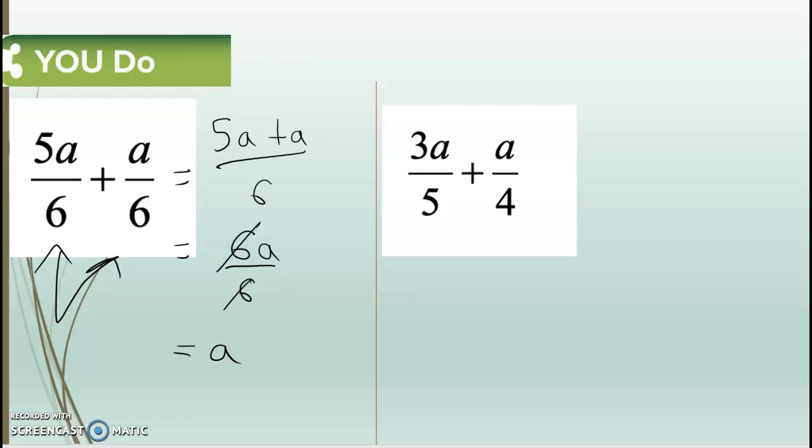In the example on the right, 3a over 5 plus a over 4, they're different. The first number that they both go into would be 20. So I could change this one, you need a factor of 4, and the one on the right, you need a factor of 5.